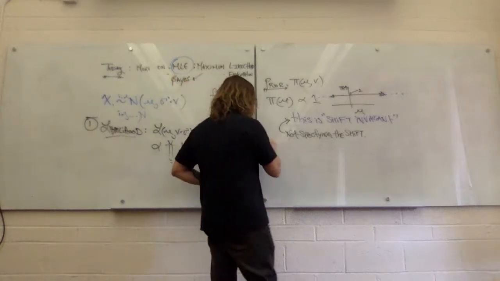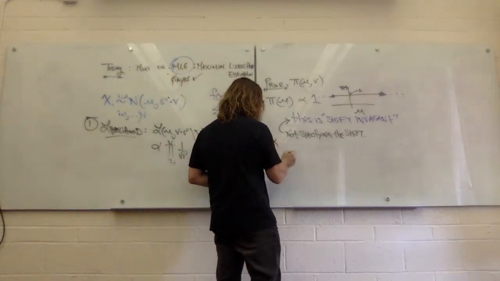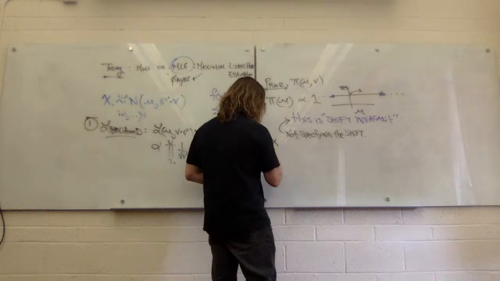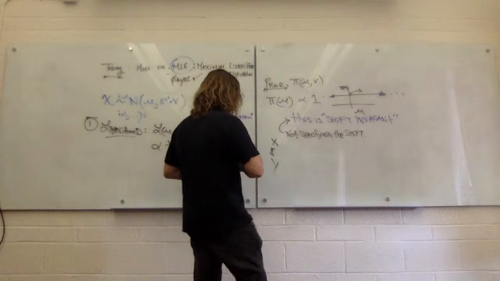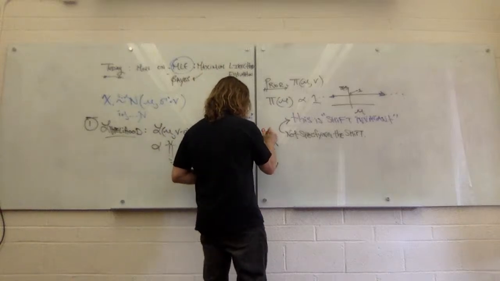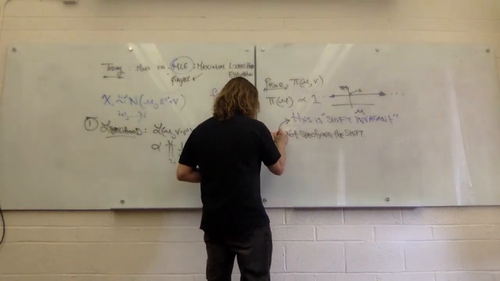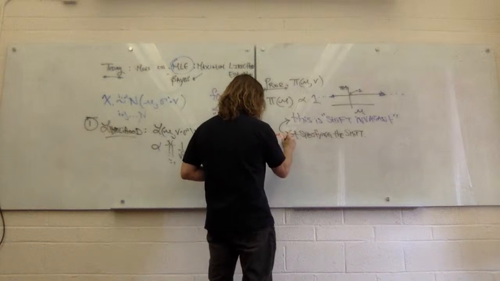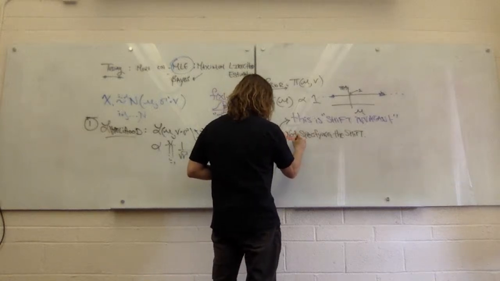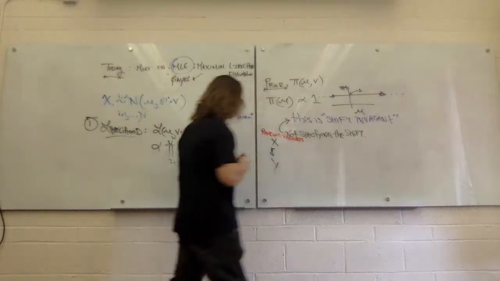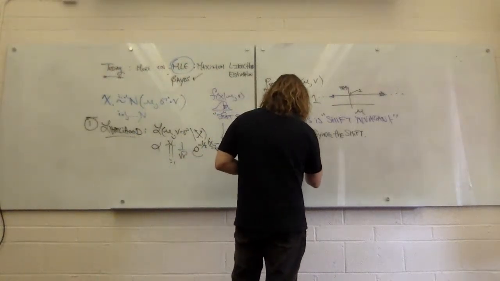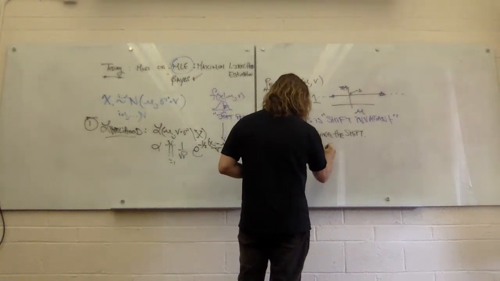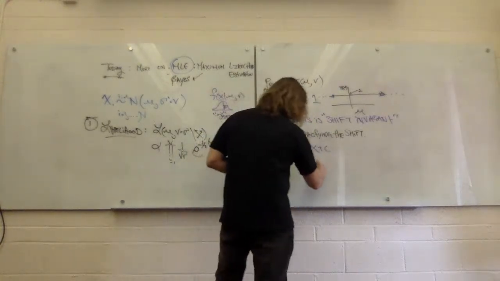So consider 2 random variables, x and y. We'll just say these are random variables. And I might do something with these. I might add some shift to both of them.